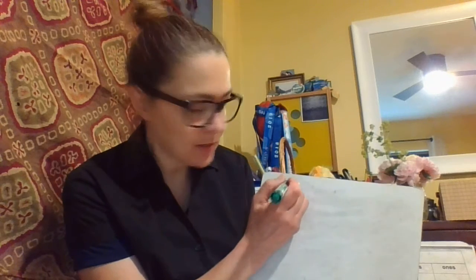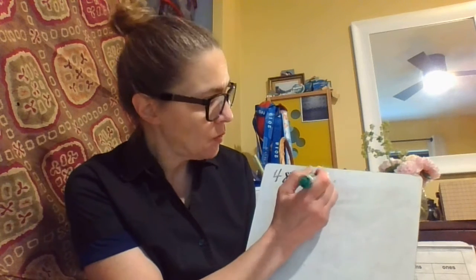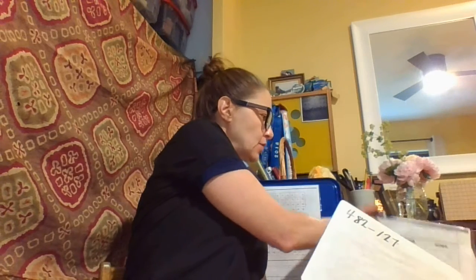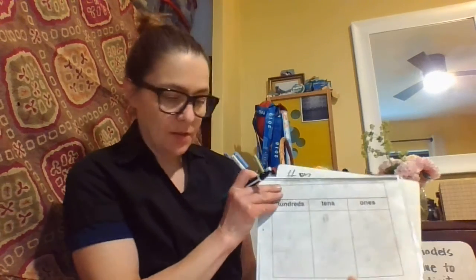Okay, so you're subtracting, and here is your equation, 482 minus 127. If you have your place value chart, go ahead and draw 482 in there.